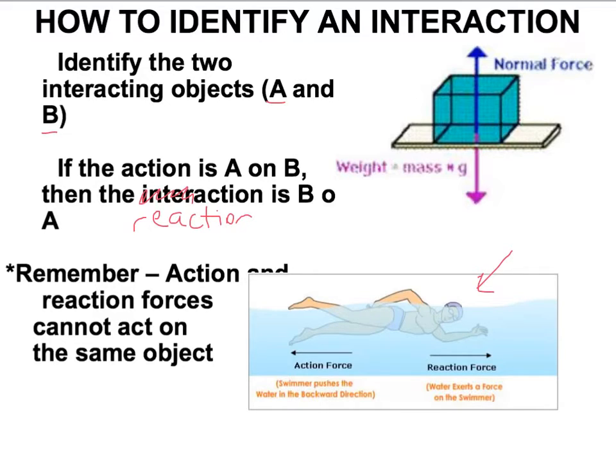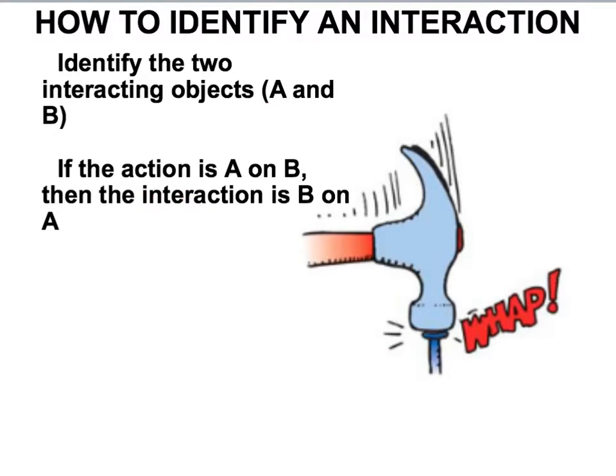The swimmer and the water. The action is the swimmer is pushing on the water, so the reaction is the water is pushing on the swimmer. One thing you have to keep in mind is that the action and reaction forces can't be acting on the same object. In the case of the swimmer, the action force is acting on the water, and the reaction force is acting on the swimmer.